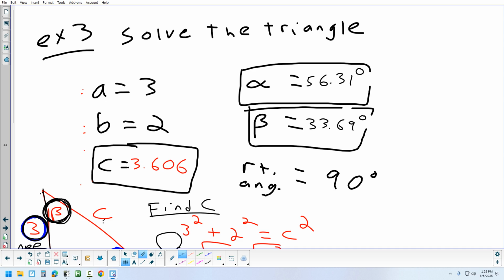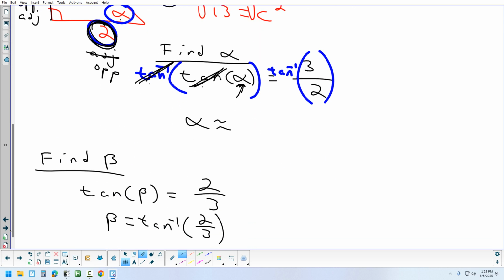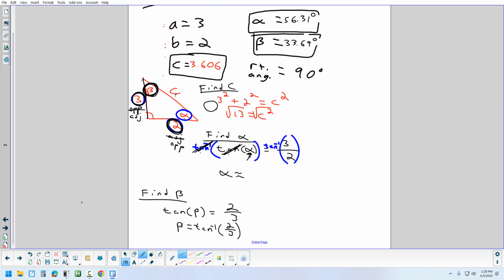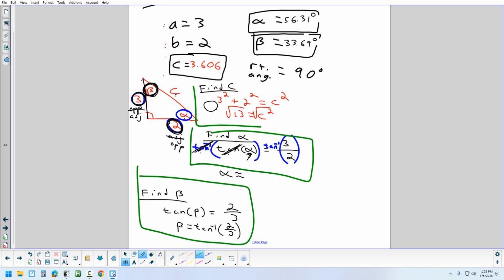Can you go down for 1 second? So here's finding beta, alpha, and c. Any question on that one?